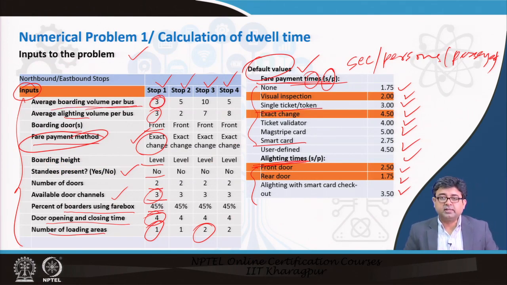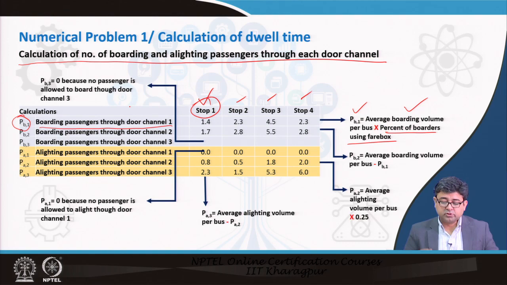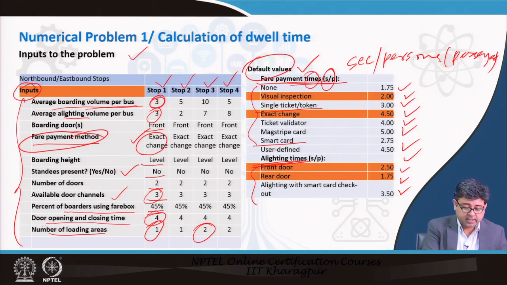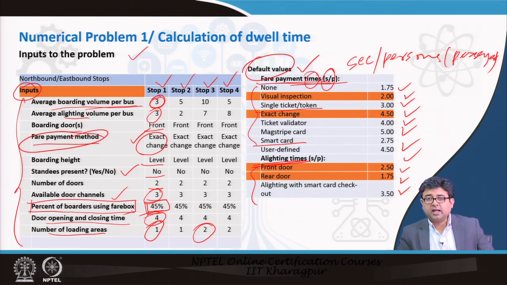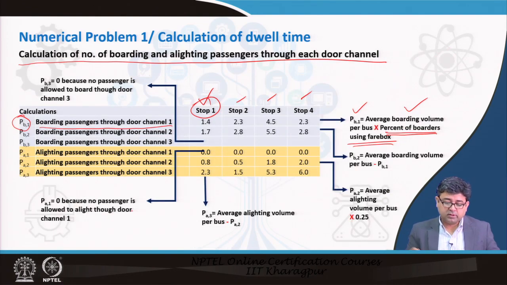So, there are 3 people on an average that board this bus from stop number 1. So, you multiply that by the percentage of boarders using fare box, which has already been given here as 45%. So, if you multiply 3 times 0.45, what you will get is 1.4, right.